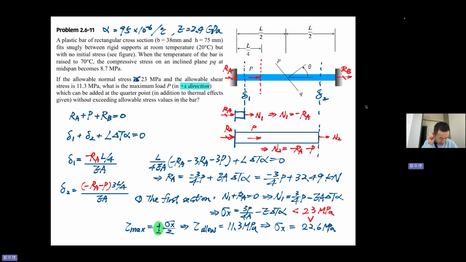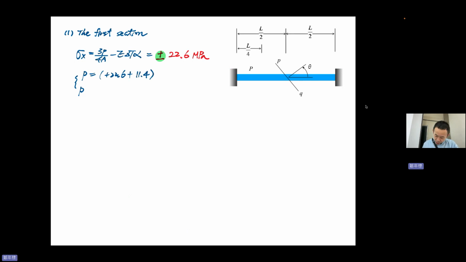I'm sorry, my mind suddenly got tangled. Is 11.4 E delta T alpha? It should be E delta T alpha. Okay, let me finish that, and then we can examine that later. Yes, 0.00285.